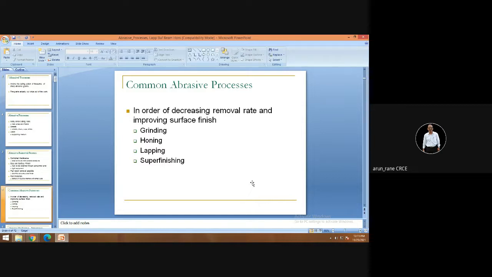Honing is the one process used for finishing cylinder holes, like in engines. If it is a four cylinder engine, you have four cylinders, and inside the cylinder the piston reciprocates, so there is a to and fro sliding motion.